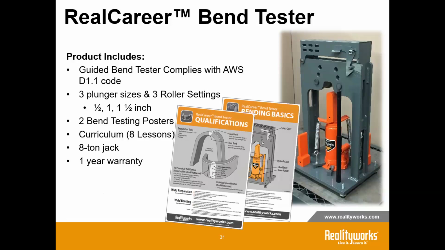It walks through the bending basics and qualifications you need when you do a bend test to see whether it was a quality weld or not. We have 8 lessons that walk students through this, where they can actually do the welds, follow the instructions, and know: did I qualify and get a passing weld in this case? So that's our bend tester as well.